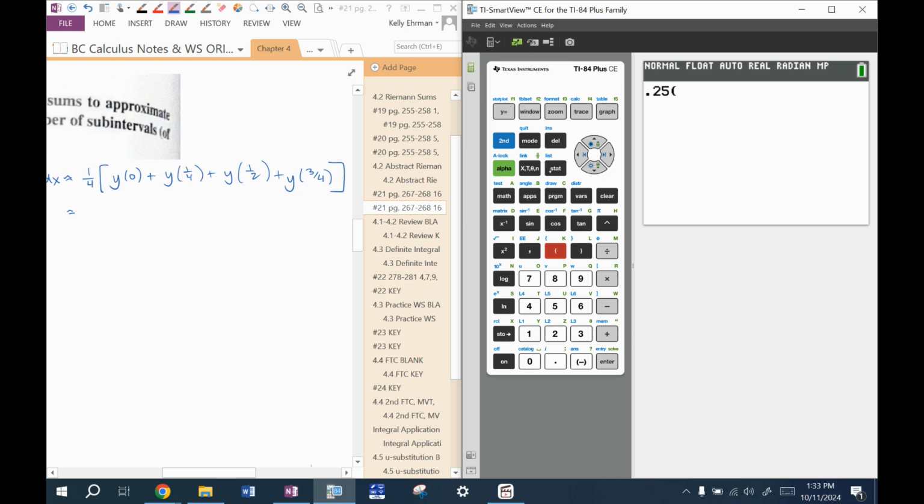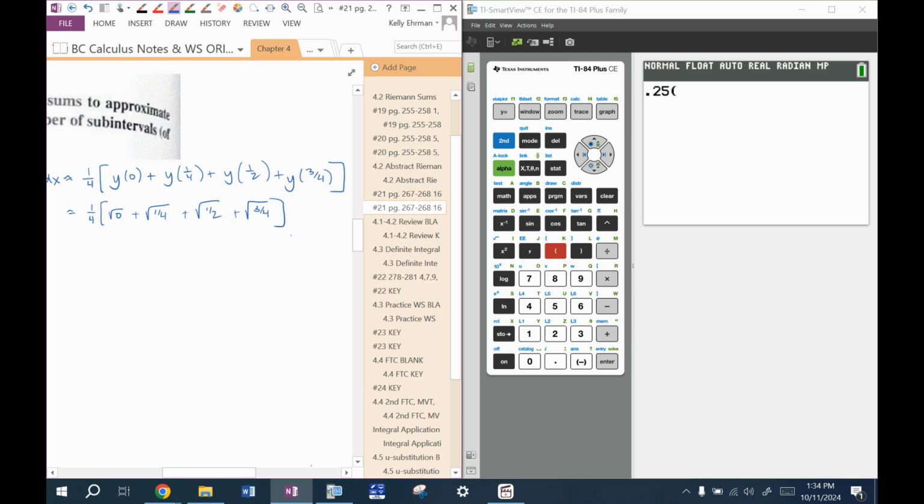0.25 plus, now I'm not going to type in y of 0 because square root of 0 is 0. But otherwise, what we're doing here is saying square root of 0 plus square root of 1/4 plus square root of 1/2 plus square root of 3/4.